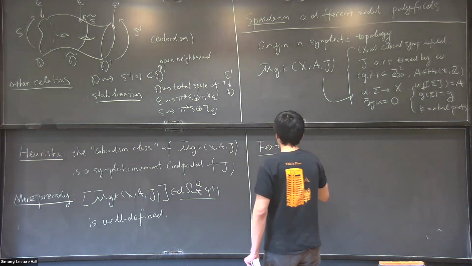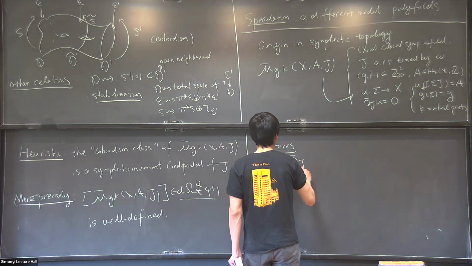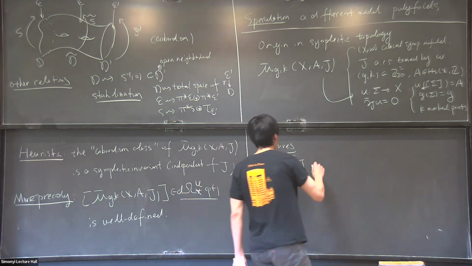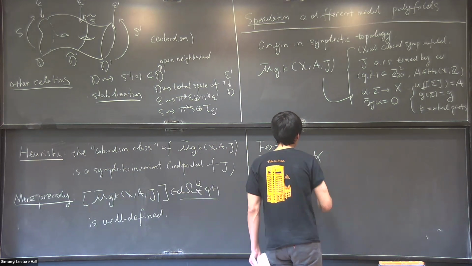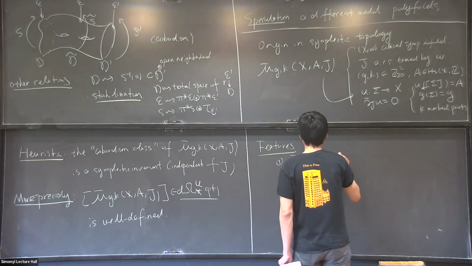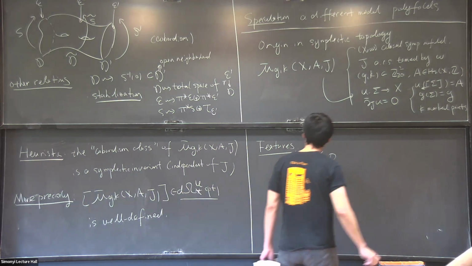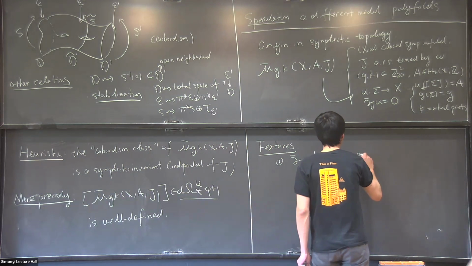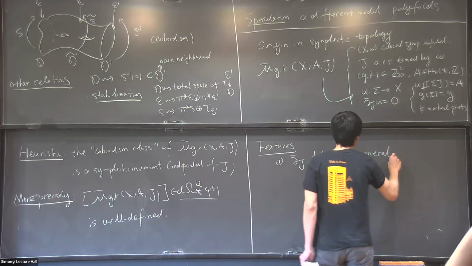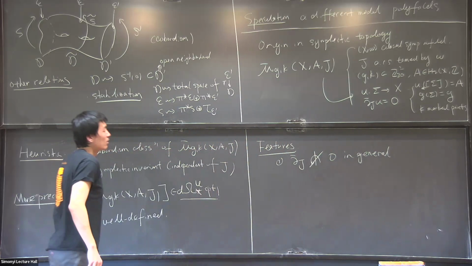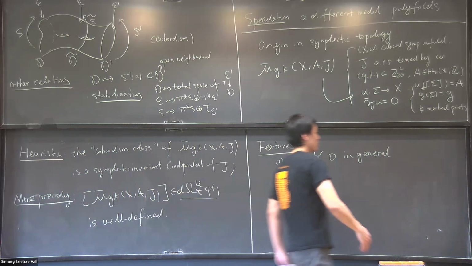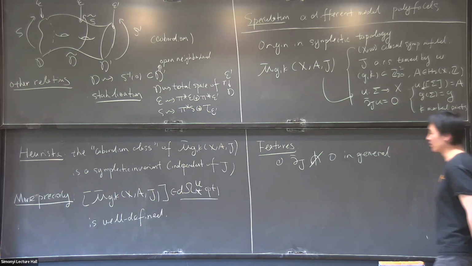That's because the del-bar operator, as a section, does not intersect the zero section transversely in general. So that's closely related to the picture we discussed over here.